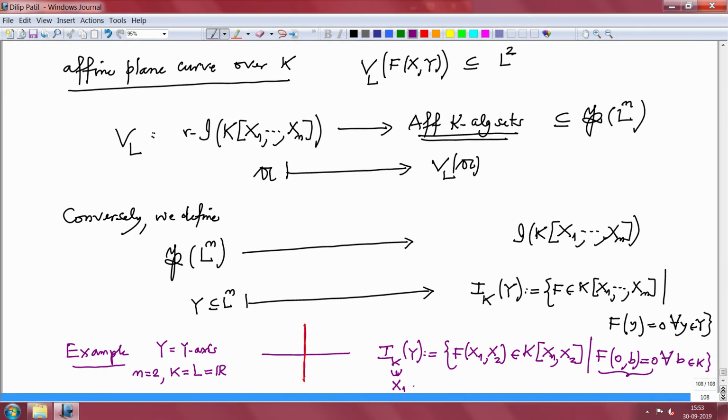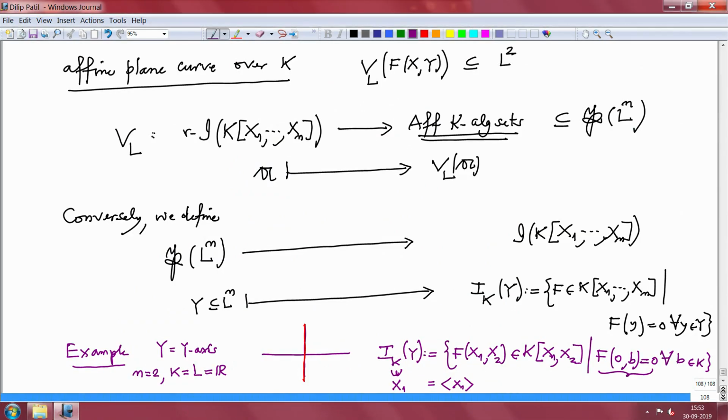So therefore this ideal will precisely be generated by x1, because all the polynomials in this ideal will have x1 present in every term. So one can calculate like that.